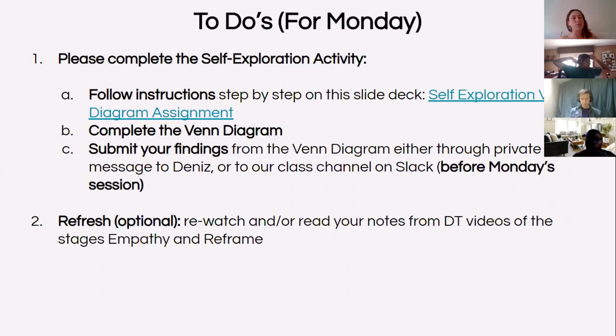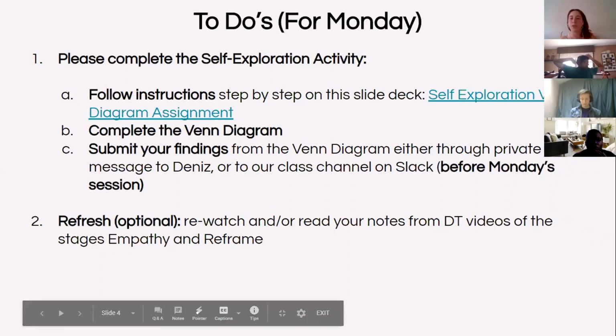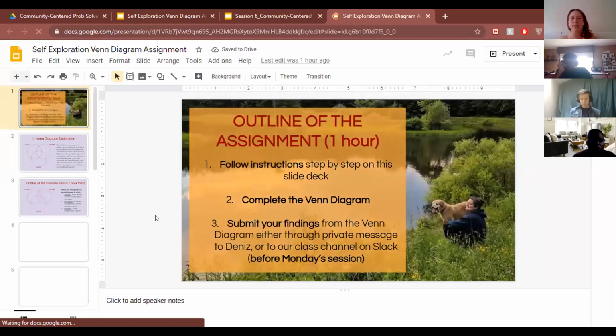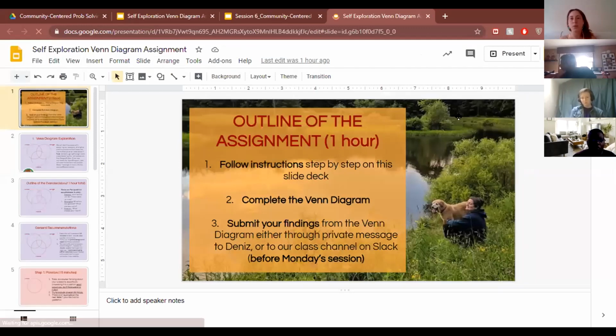Actually, let's come back to the main activity for the weekend. It's called a self-exploration activity. There's this presentation right here that's going to talk about the homework step by step. So literally open this link, I'll send it to Slack and follow it step by step. It's going to take you about an hour to complete this activity.